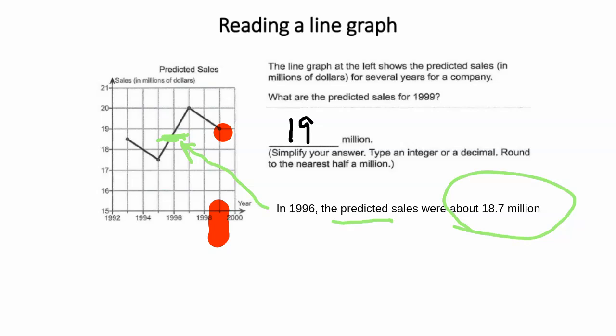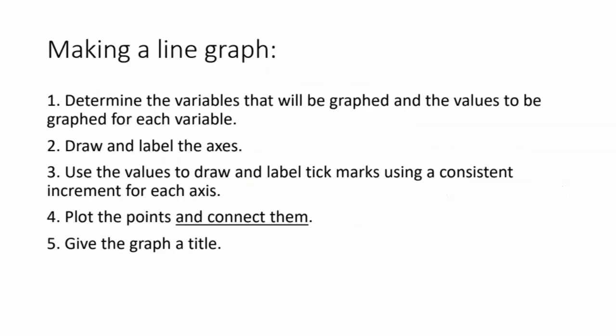Okay. Now, last thing we're going to do in section 1.3 is to make a line graph. Now, it says determine the variables that will be graphed, and the values to be graphed for each variable. Now draw and label the axes.